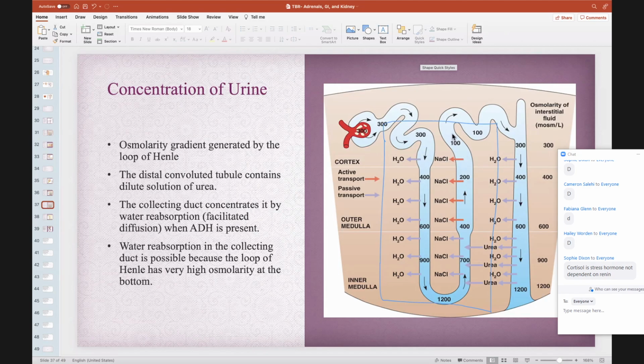Because we're taking the salt out of the filtrate, it becomes more dilute. But the trade-off is this interstitial space becomes a little bit more concentrated. To counteract that, these aquaporins that are now open, water is going to flow through and try to balance out the sodium that is now in this space.